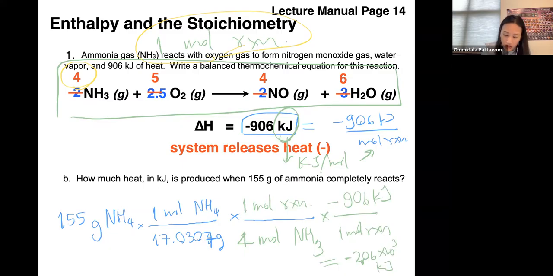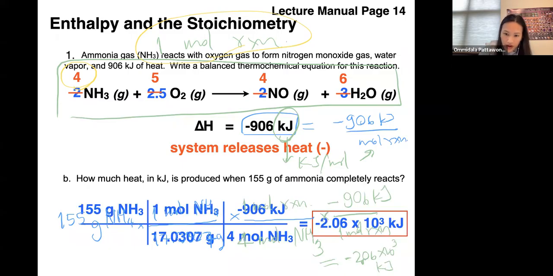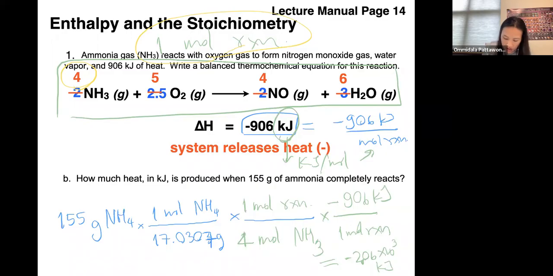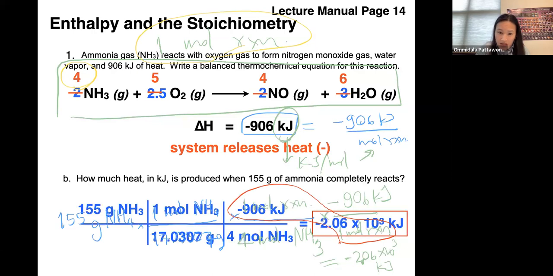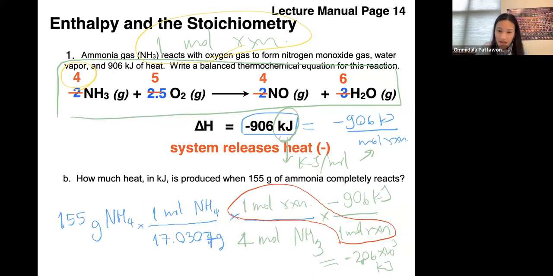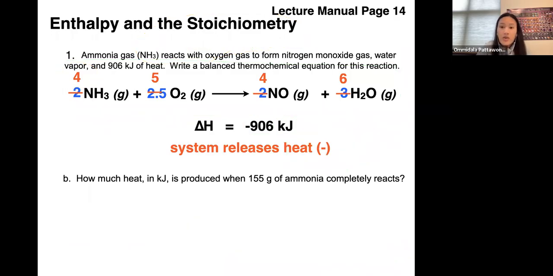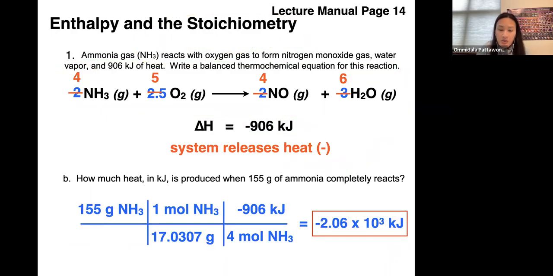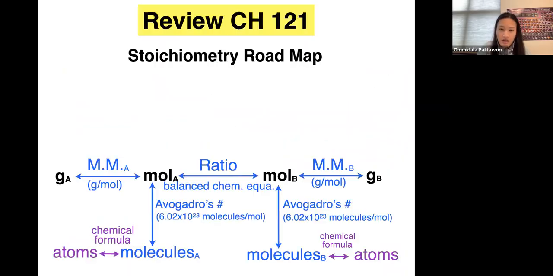The difference between the two is that you are combining this with 1 mole of reaction together. If you combine that, you get negative 906 kilojoule over 4 mole, the same as the previous step I showed you. So there are 2 ways to do it. It depends on how you understand it best, so just make sure that you stick with one.